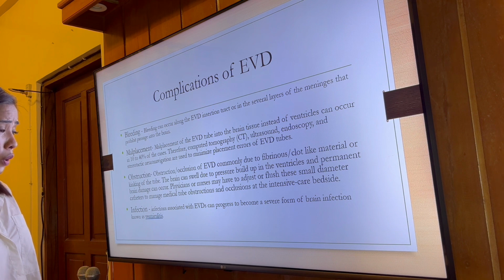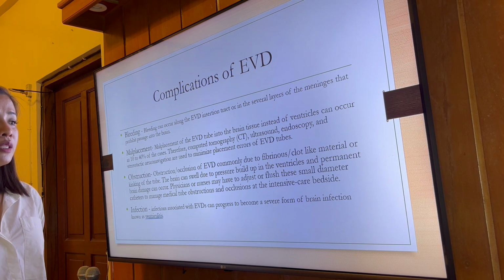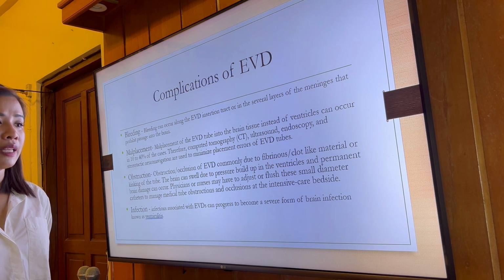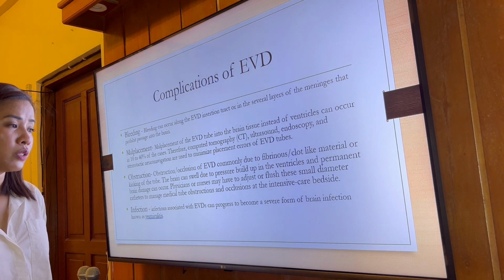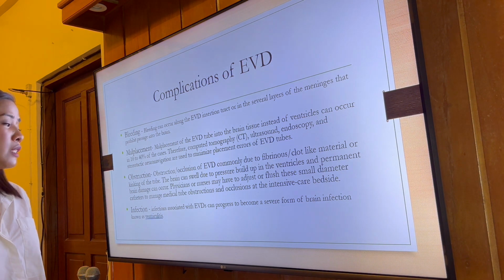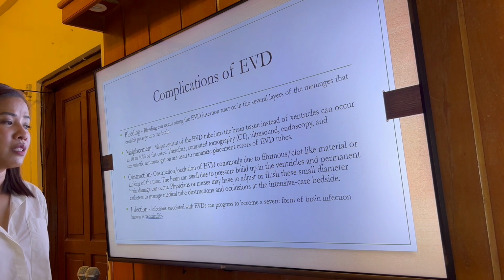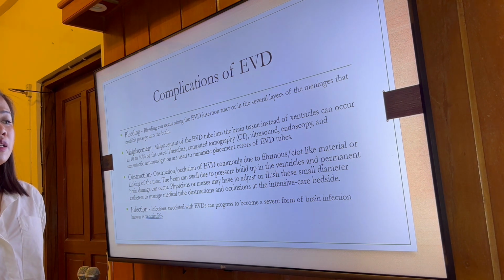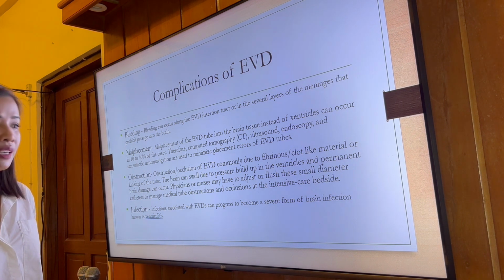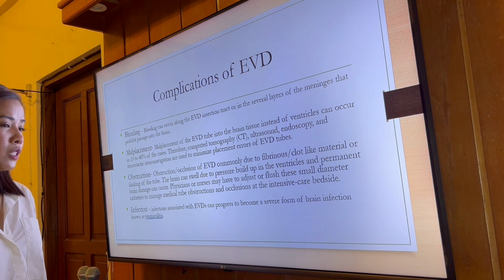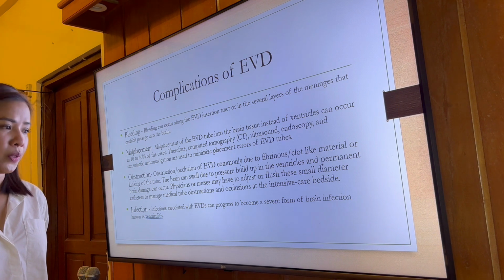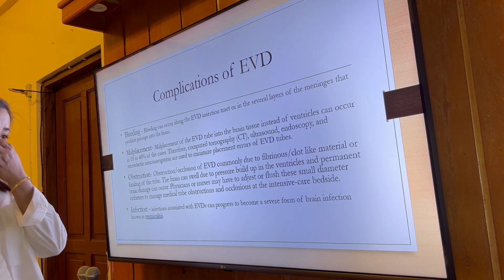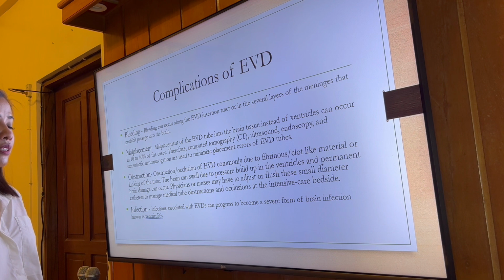Obstruction or occlusion of the EVD is commonly due to fibrinous or clot-like material or kinking of the tube. The brain can swell due to pressure buildup in the ventricles, and permanent brain damage can occur. So physicians and nurses in the intensive care unit can adjust or flush these small diameter catheters to manage medical tube obstructions and occlusions in the bedside care.